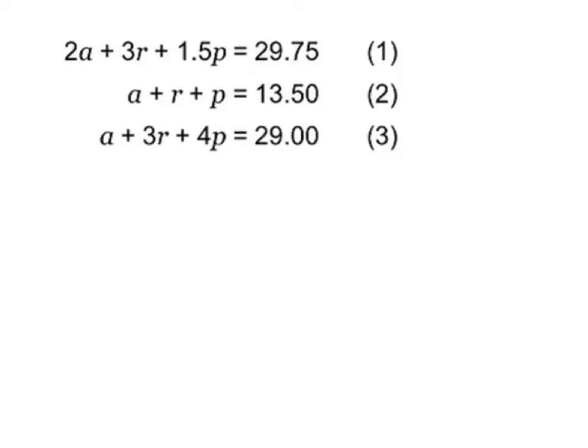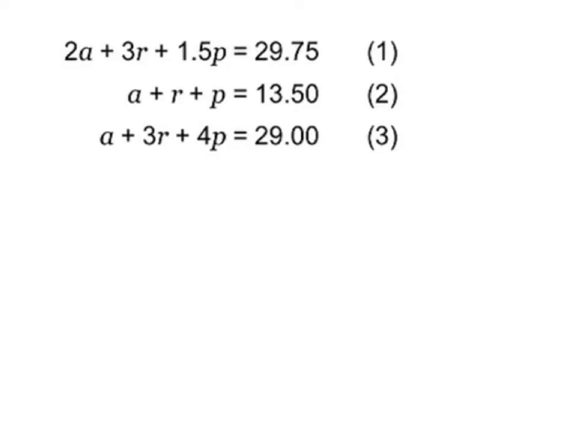So what I notice here first, we want to get rid of one of the variables. And as I'm looking at this, I would approach this to get rid of either the A's or the R's. The reason why is because 2 of them have a coefficient of 1, and the other one has 2. R's, 2 of them have a coefficient of 3 and a coefficient of 1. So it doesn't really matter which one we use.